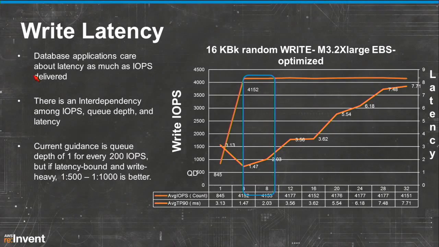So another hugely important set of metrics are around the latency behavior of these devices. This goes back to the queue depth that we talked about. There is a connection between the queue depth that you're able to drive and its impact on latency. For write latency, you need a relatively low queue depth.